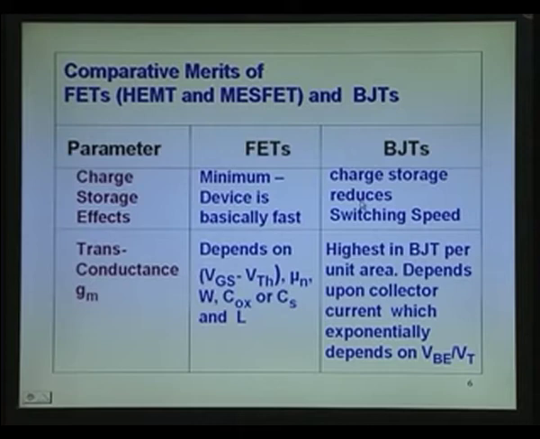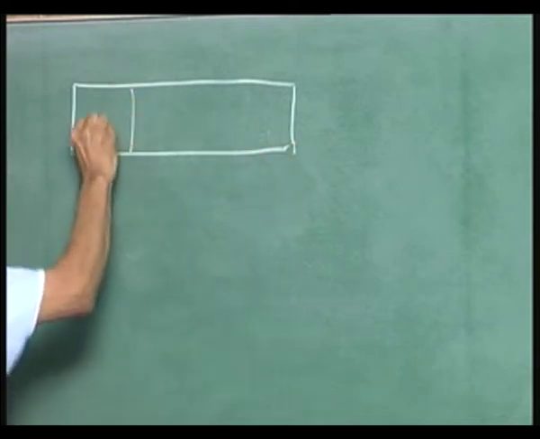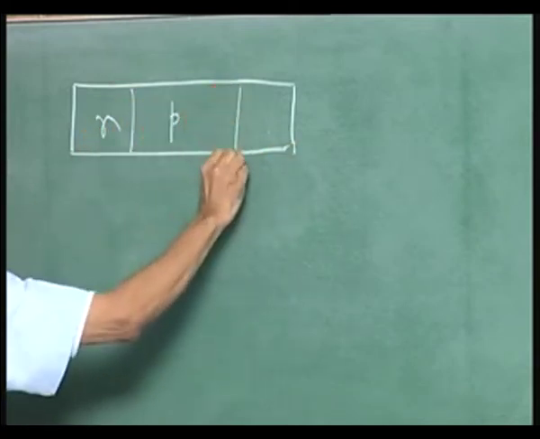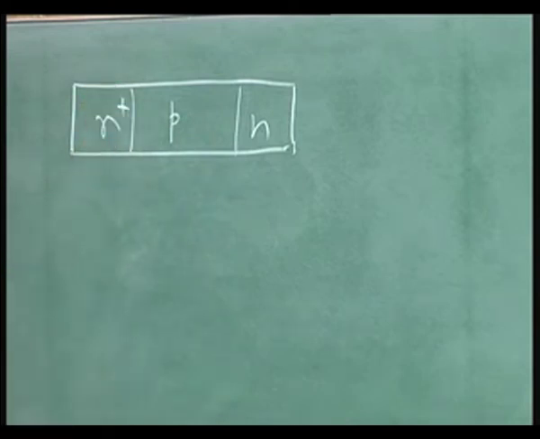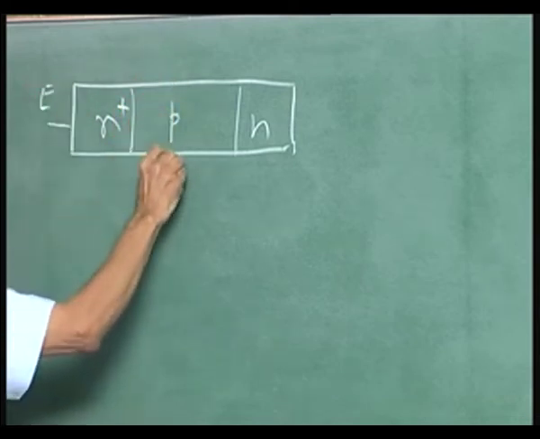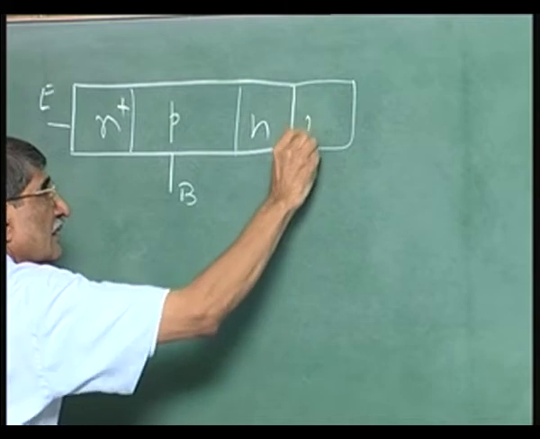Bipolar transistor, you take a look at the bipolar transistor, NPN. You can put N plus because of the emitter, and then the base, and then you will always have an N plus layer put.